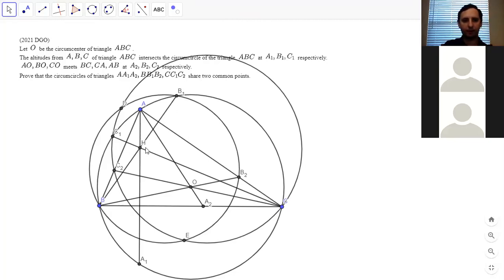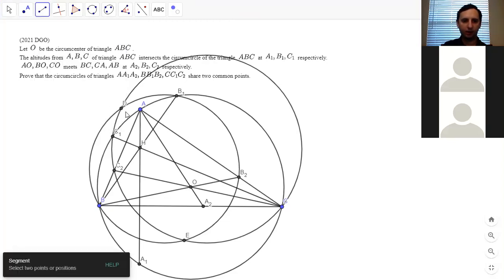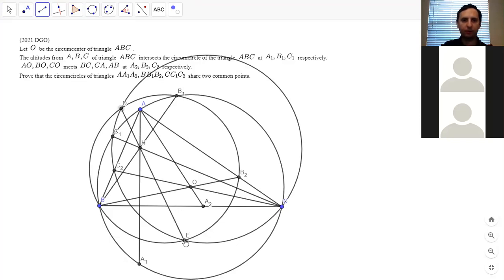Yeah, right, because BH times HB1 is HC times HC1. So basically since H has the same power with respect to those circles, it's just the radical axis theorem, right? By the radical axis theorem, B, H and E are collinear.